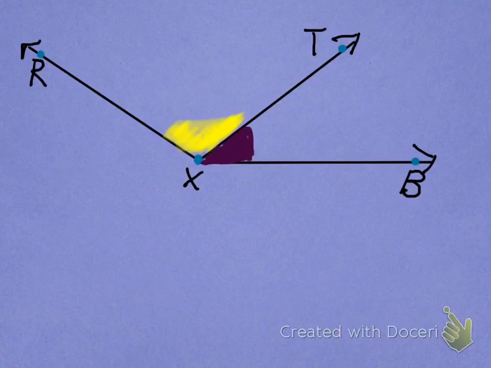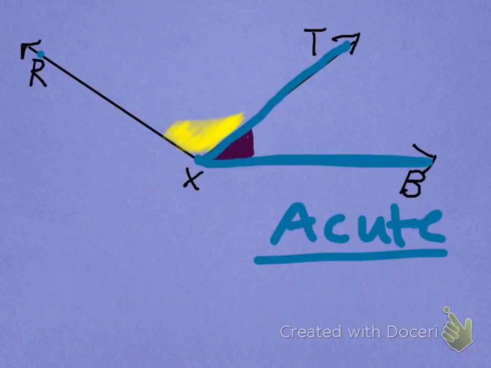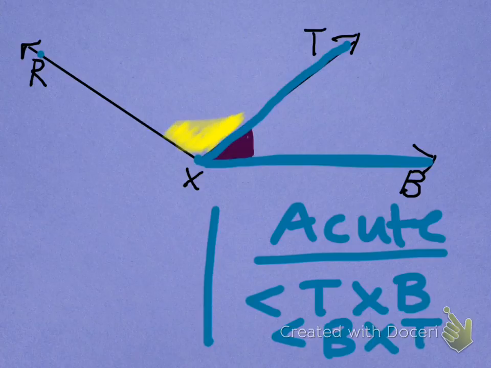Let's write down the angle for the acute. If I were to name the acute, I see it starting at T, going down to X, and over to B. So I'm going to use my symbol and write T, X, B, or I can flip it and write B, X, T. On the other side, I see my obtuse angle.